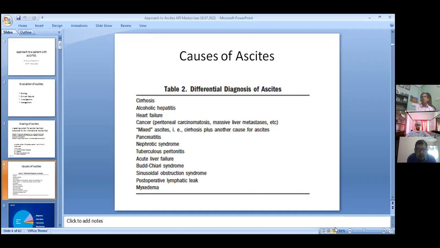Rarely, ascites can be due to pancreatitis or nephrotic syndrome, but tuberculous peritonitis is an important entity, particularly faced in our country and in other Asian countries where tuberculosis is very common. About 5 to 10% of ascites can be due to tuberculosis.